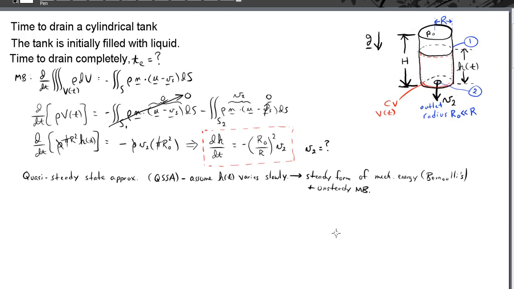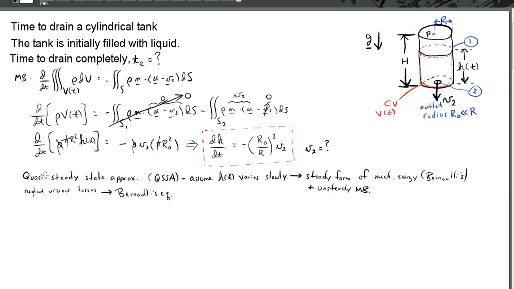So what we'll do first is we'll neglect also viscous losses. And so we can use Bernoulli's equation. What we'll do is we'll take point 1 to be somewhere on the top surface of the liquid, and we'll take point 2 to be in the middle of the outlet hole.